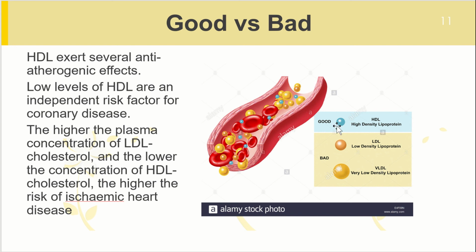So essentially what you want is more HDL, and that is considered to be the good one, so to speak, in terms of good versus bad. And the LDL and the VLDL are considered bad.